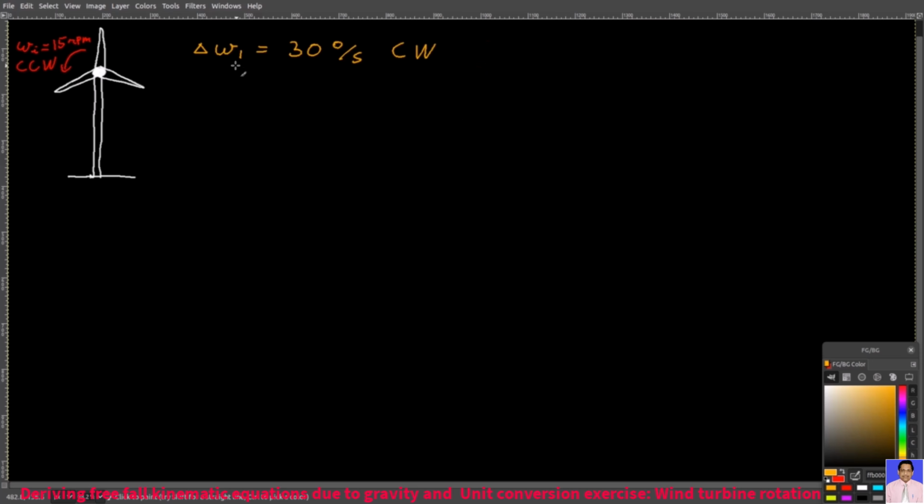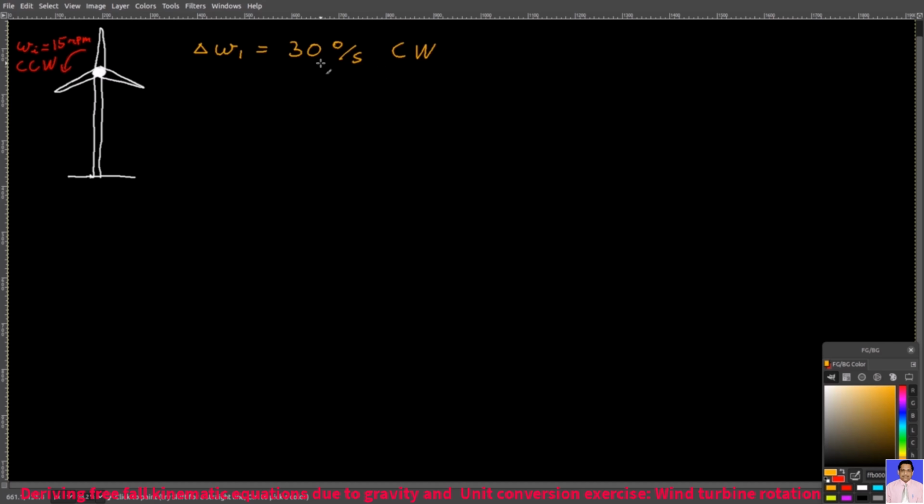So that's the change in rotational speed, 30 degrees per second. Not RPMs anymore, but degrees per second, so different units. First of all, the turbine rotates at 15 RPMs counterclockwise, and then the angular velocity changes by 30 degrees per second in the clockwise direction.